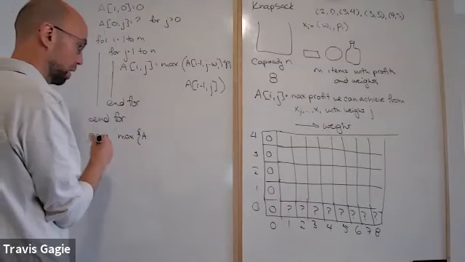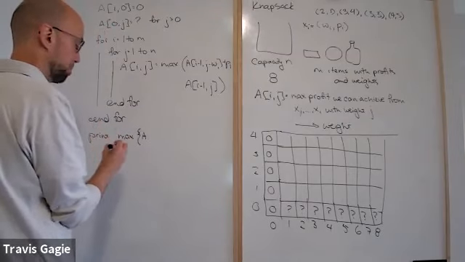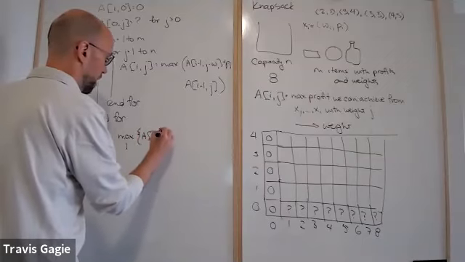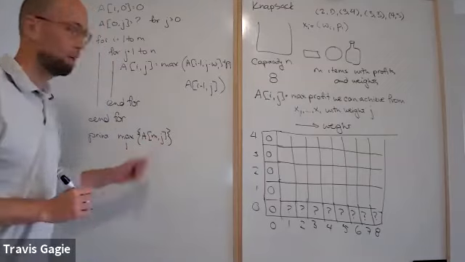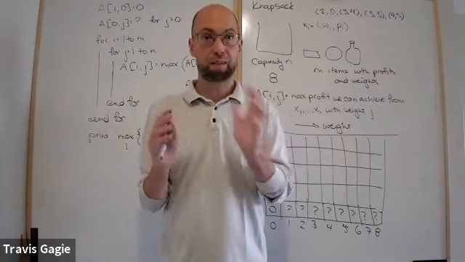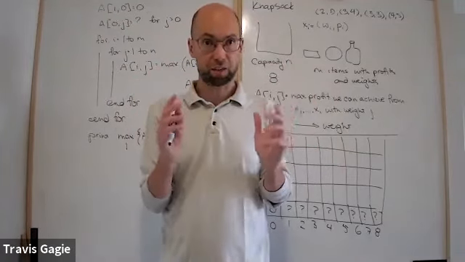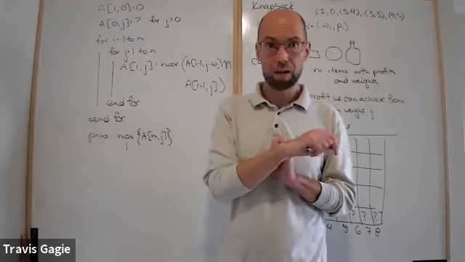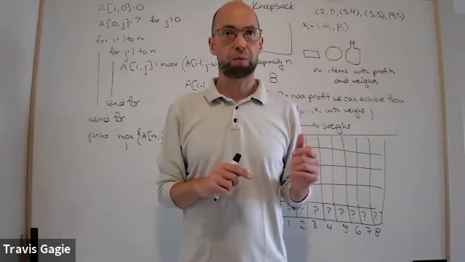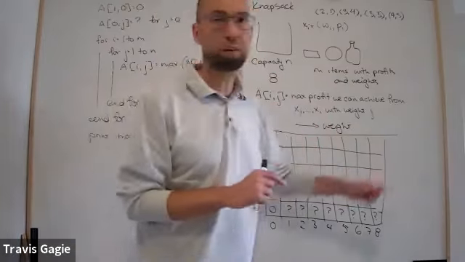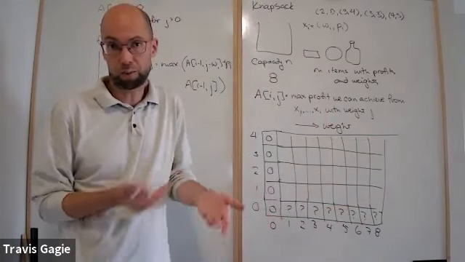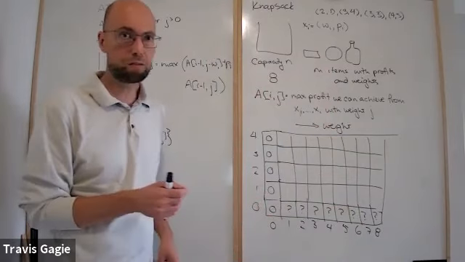Max over j of Amj. Okay. So this is saying, okay, now I consider the maximum profit I can get from any subset of the things, so x1 to xm, but I don't care how much they weigh exactly, I just want the profit to be maximum. So it's taking the maximum profit you can get over the top row, which will be the bottom row in the lecture notes when I'm sticking to normal matrix coordinates.